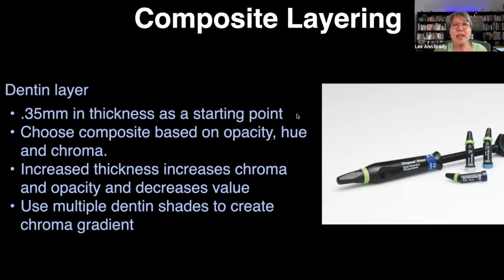And so this is going to be chosen because you need A1, B2, C4, and it may do double duty at providing some opacity, like if you're in the Empress Direct system or the Filtek system, and it may not. It may just be providing the chroma and the hue, and you put something to the lingual of it to provide the opacity or stop the light so that it bounces back if you're using a different composite system.